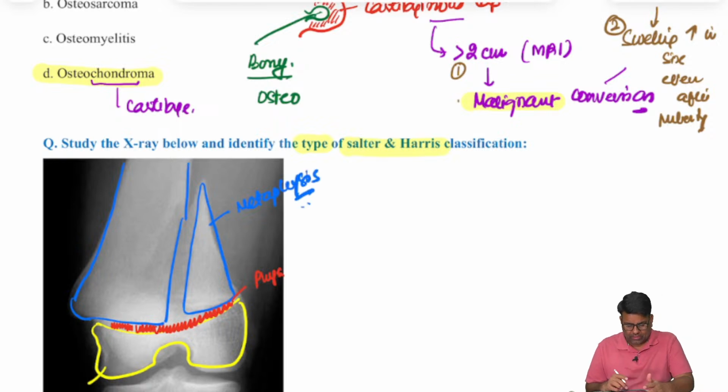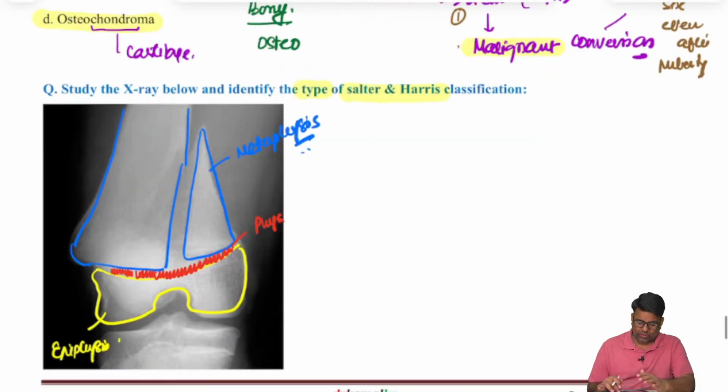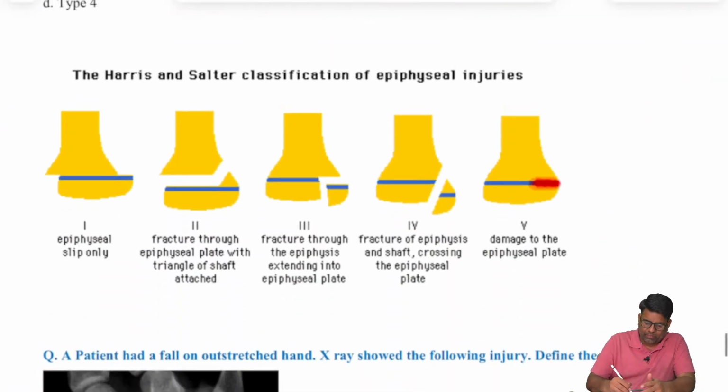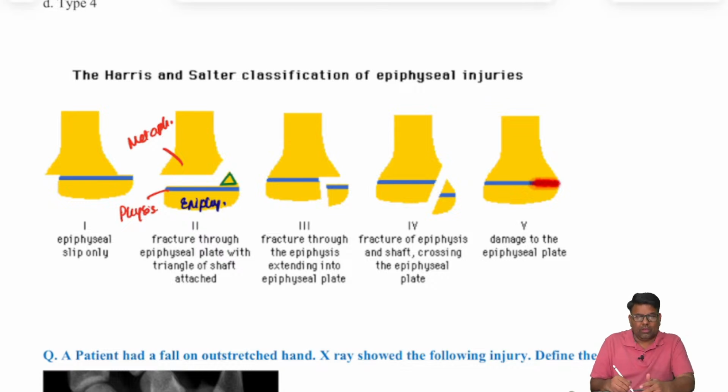Now, what you can see here is that there is a fracture, and there is a fragment of the metaphysis which is still attached to the growth plate and epiphysis. Right? So you can have this kind of picture, and this is actually Salter-Harris type 2. In Salter-Harris type 2, you can see that a chunk of metaphysis is still attached to the epiphysis along with the growth plate.